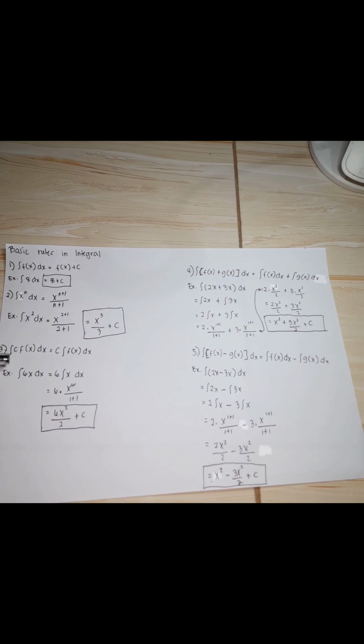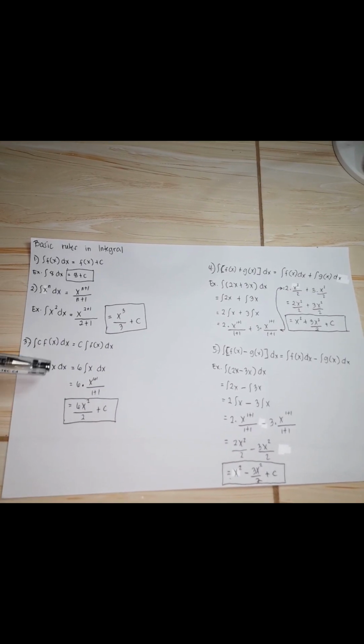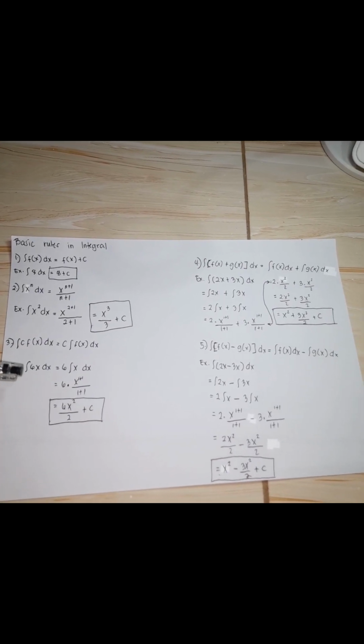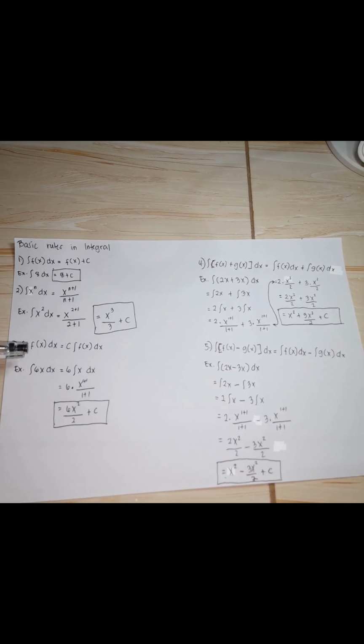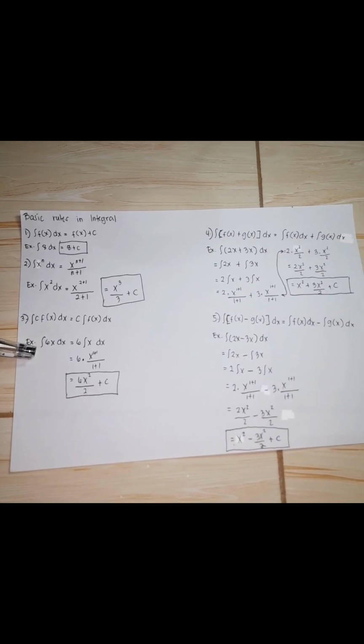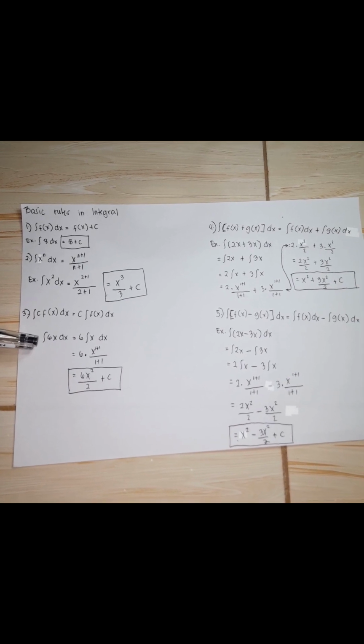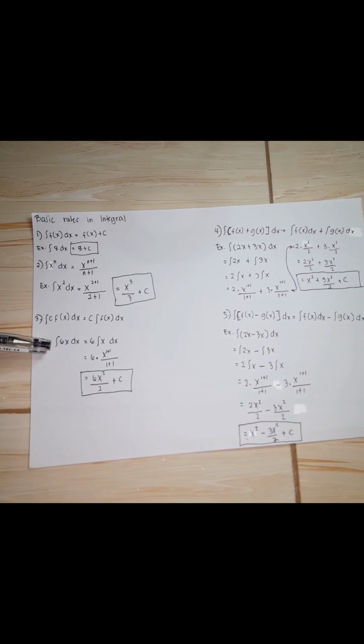The integral of a constant times f of x dx is equal to the constant times the integral of f of x dx. So for example, the integral of 6x dx.